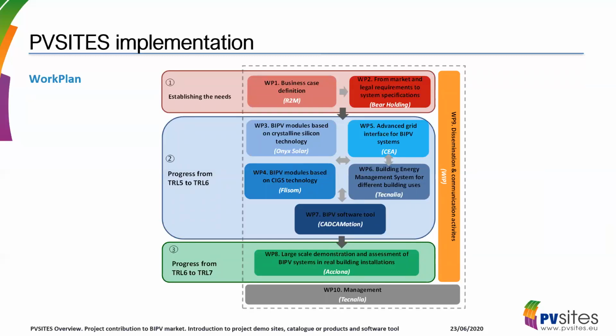In this case, module solutions like CIGS from Flisom and crystalline silicon from Onyx Solar, and also power electronics and these building energy management systems, including the software tool we have explained. And finally, we have tested all these developments in real buildings. So it's a typical process in a project: first requirements and needs, then developments, and then testing these developments in real buildings.